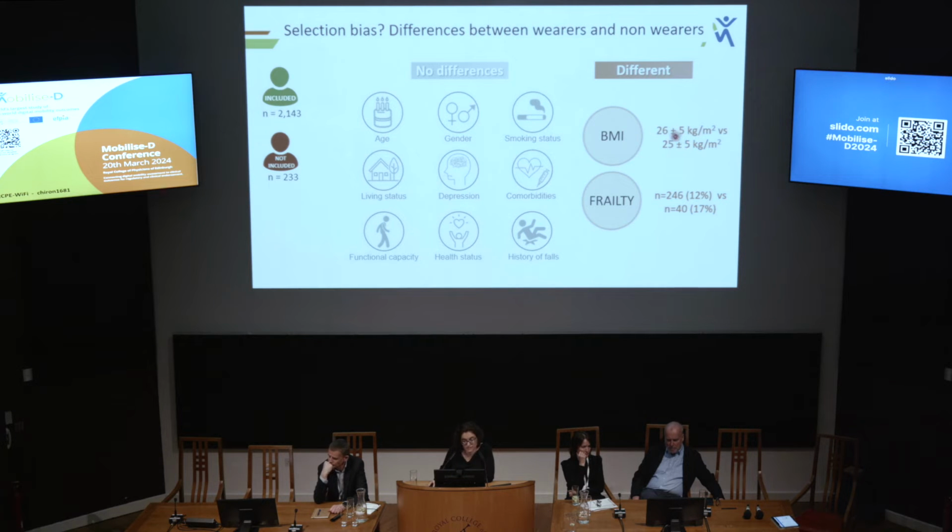It is slight, but it was statistically significant in BMI. Those who wore the device had slightly higher values of BMI than those who didn't, and a difference in the proportion of people with frailty. And actually, of the several components of frailty, the one that was different was BMI. As you know, this is one of the components.